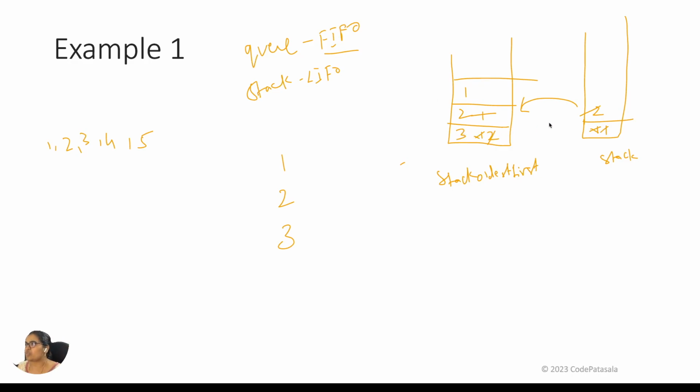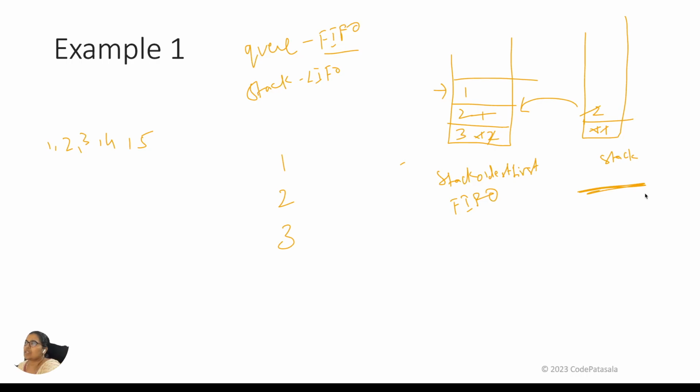Now if we add 4 and 5, it's the same thing. Now for the other operations, for pop, we just remove the top element of this stack. And for peek, we just peek the top element of this stack. For empty, we just return if this stack is empty or not. This is just a helper stack. We are maintaining our FIFO order in this stack by using this stack.